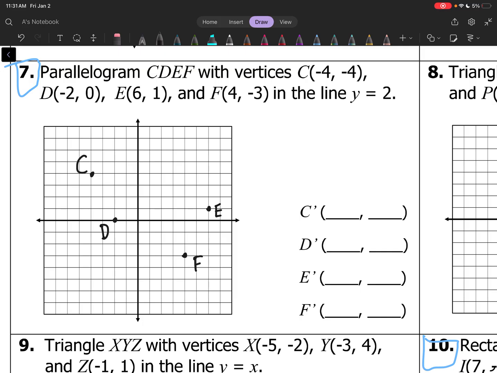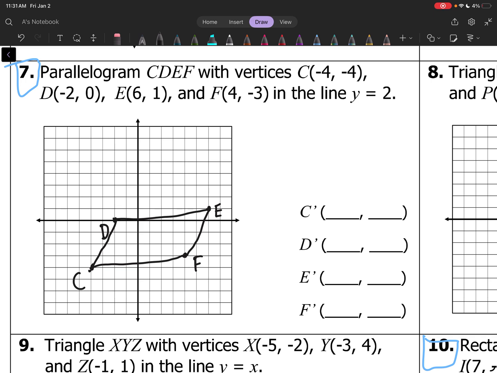I'm following the order these are written in. That C is supposed to be negative 4. I apologize. Now I'm going to draw in the coordinates in the order it's written. C to D, D to E, E to F, and then F back to C.